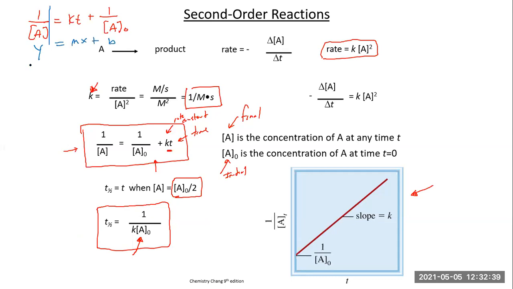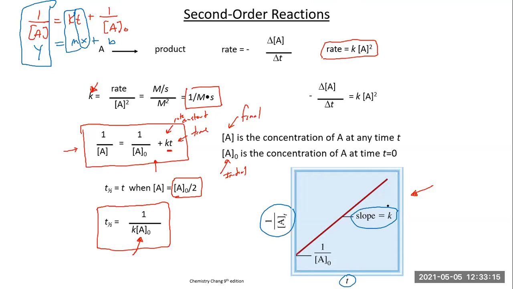That means, as you can see on the graph on the bottom right there, on the y is 1/A and on the x is our t. Different than our first order, where we had a negative sloping line, here we actually get a positive sloping line. Because of that positive sloping line, if you take the slope of it, it actually does equal k here, not negative k like it does on the negative sloping line.